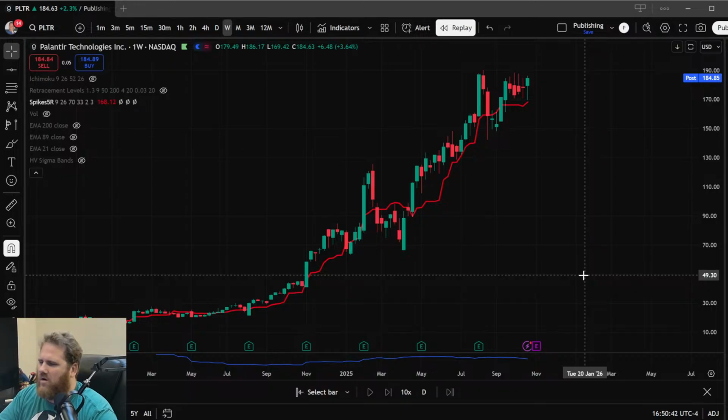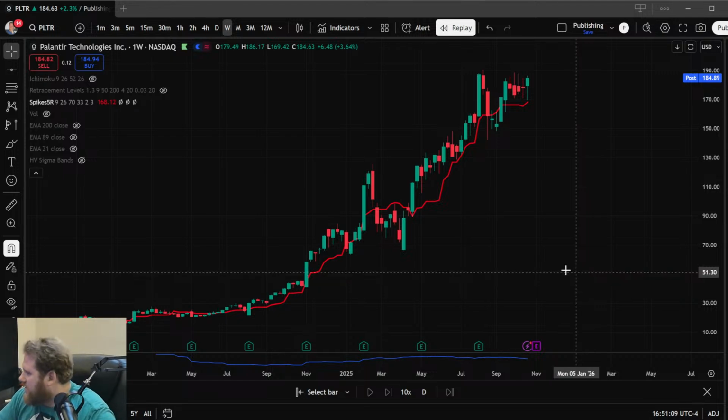But I think the tech hardware, I'm comfortable hanging on to. Right now I'm not shorting the AI hype, but I am less bullish about, let's call it, the software hype, and I'd rather be in the people that are selling the shovels to this gold rush. That's usually a good bet. It's usually a good bet.